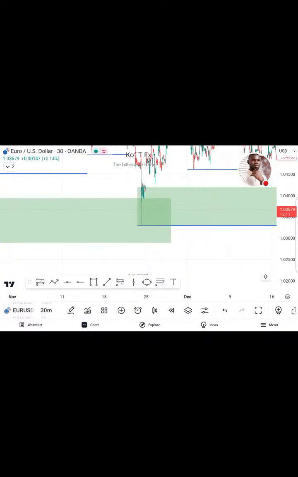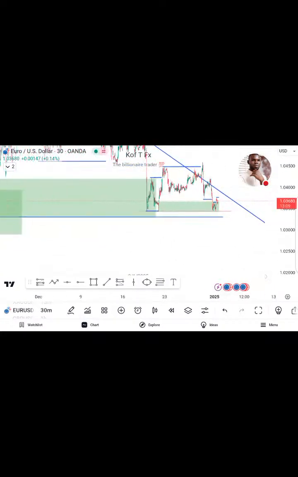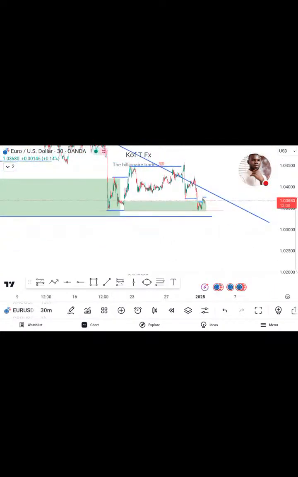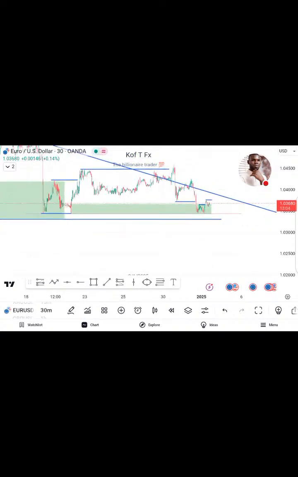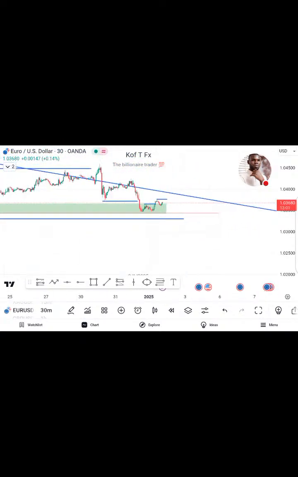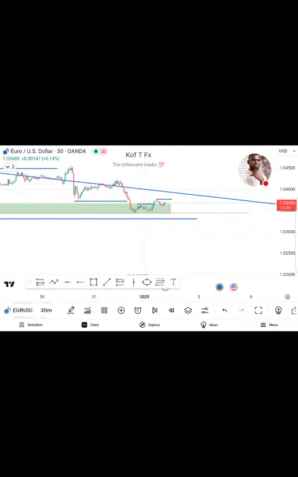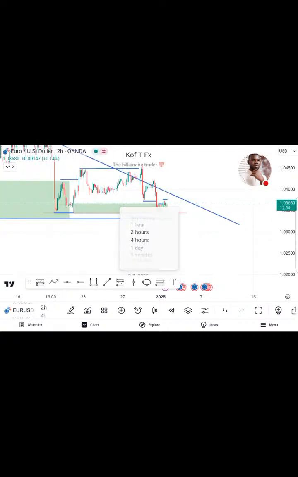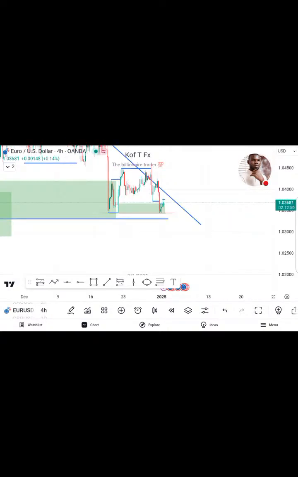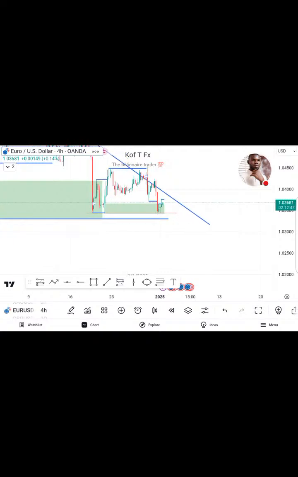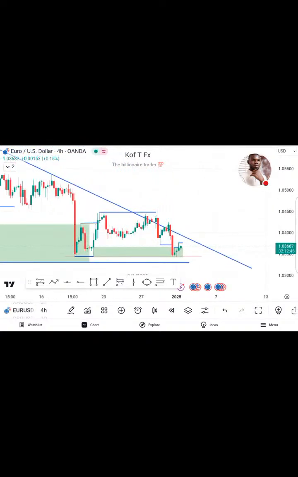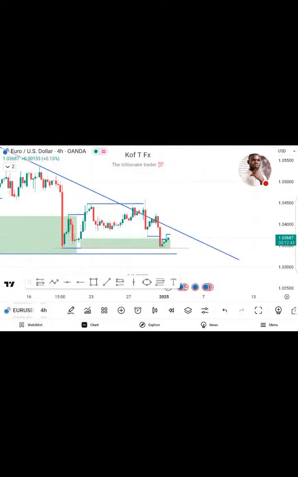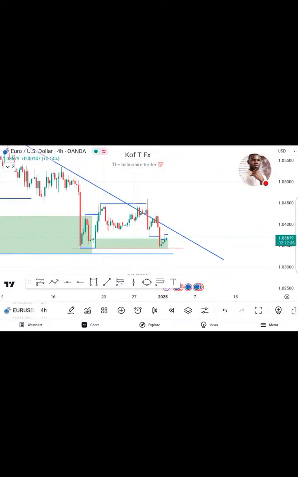So I can't actually see. Okay, so we have this support level on lower time frame. So on daily time frame, even 4 hours time frame, if price should actually break this particular trend line, then it means that we'll be expecting more rally from this Euro USD.